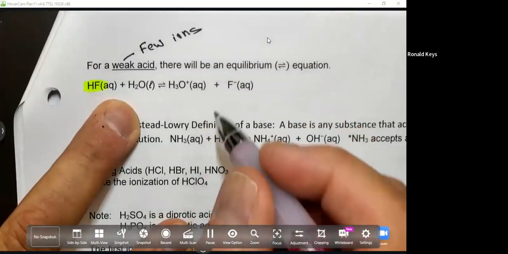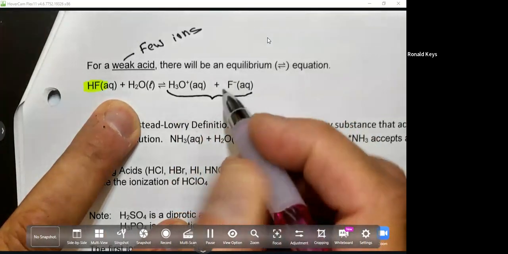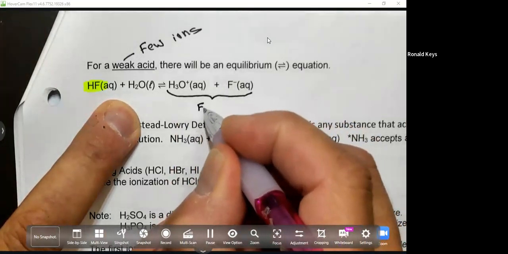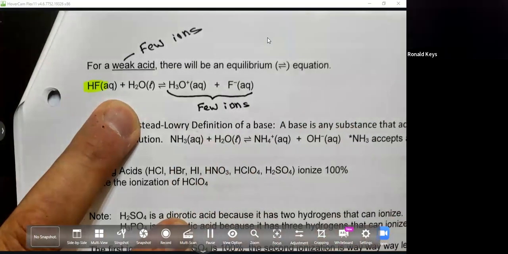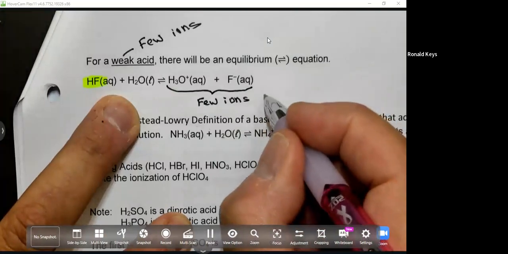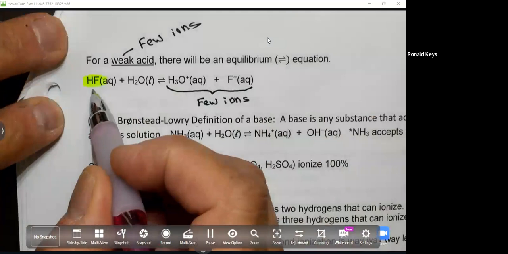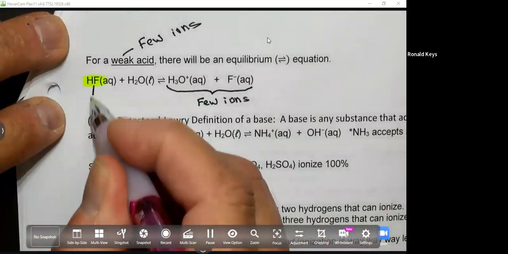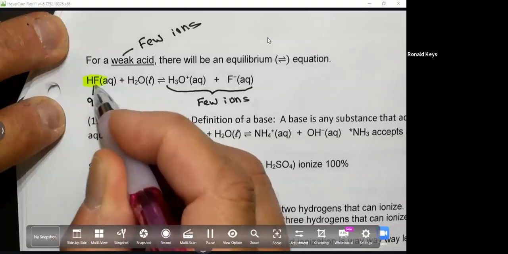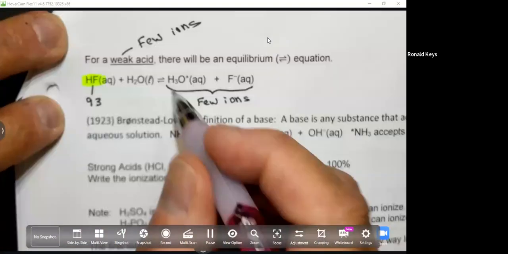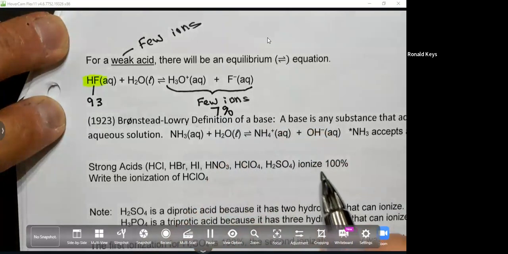We're going to get, typically, this one's actually kind of high. You get just very few ions. I think this one is 7%. So if you have 100 of these, 93 of these are going to stay attached. The H and the F are going to stay attached. You get about 7% that turn into ions.